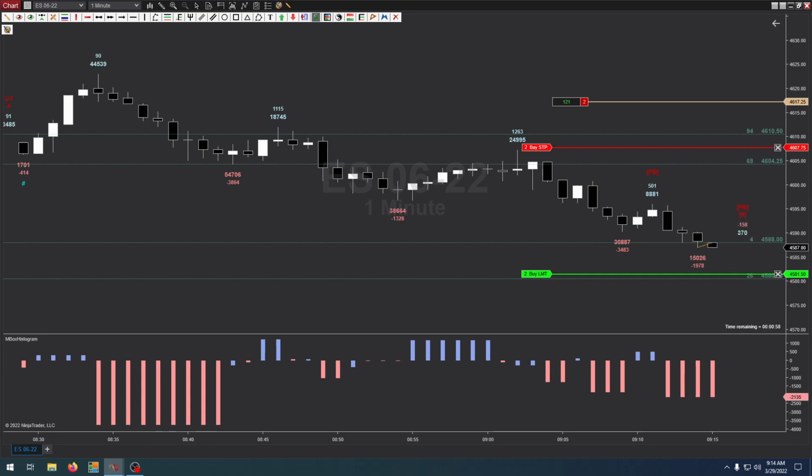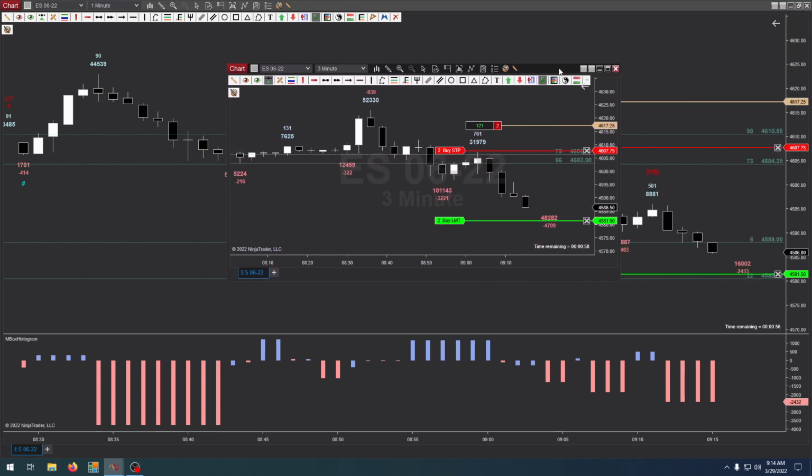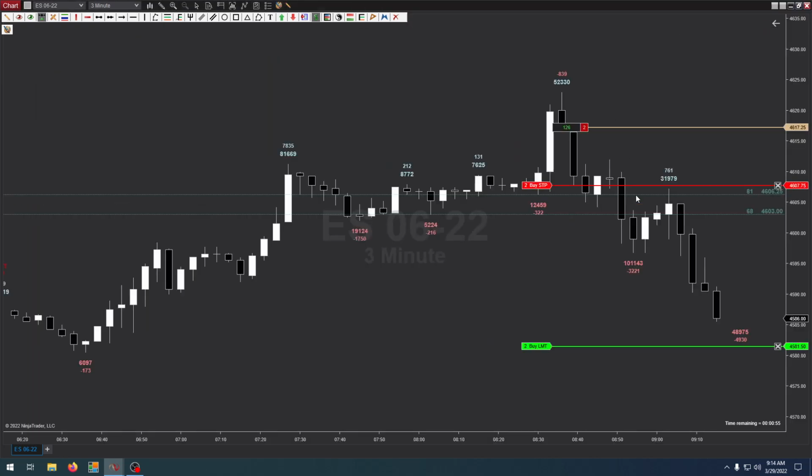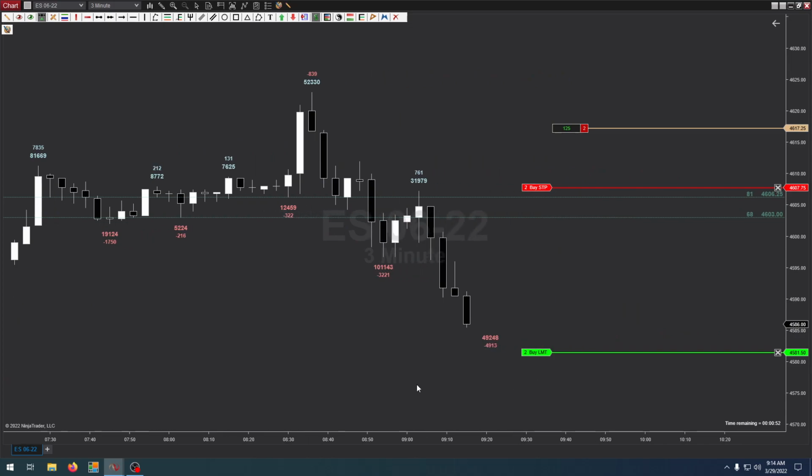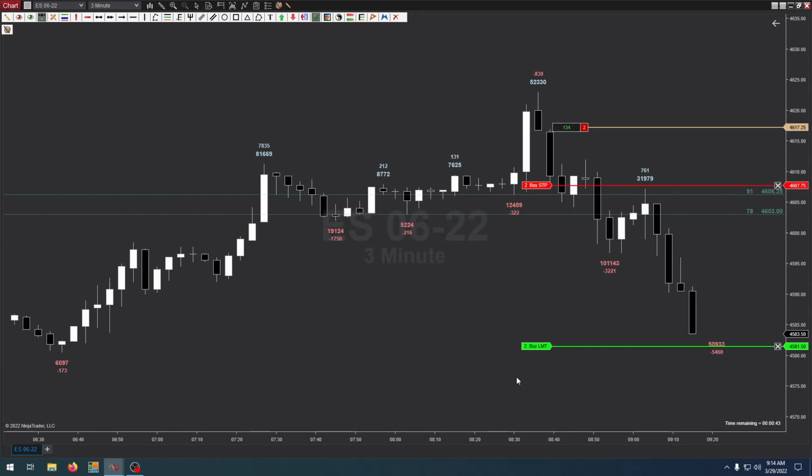But one thing we are having again is on the 3 minute, each candle is getting a lower close. So that's what we want. Can we get here? Can we get there?